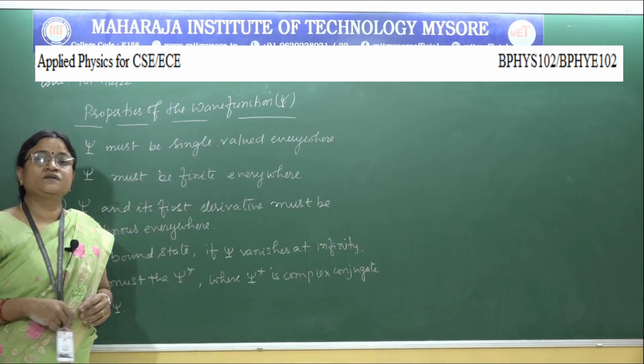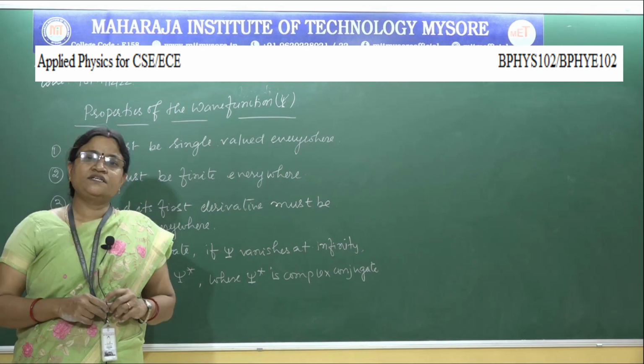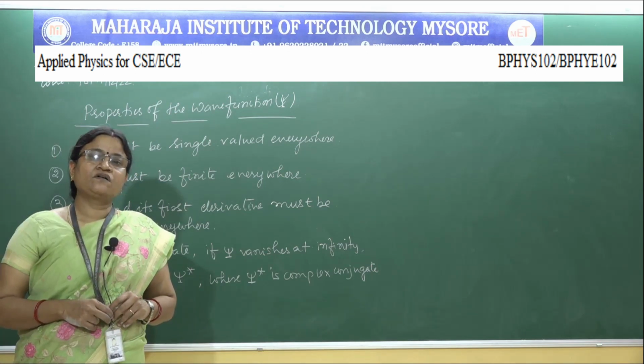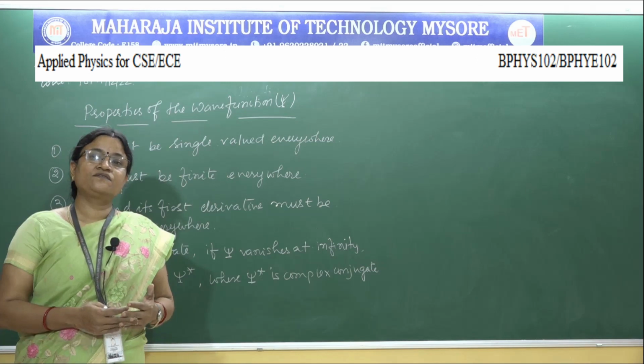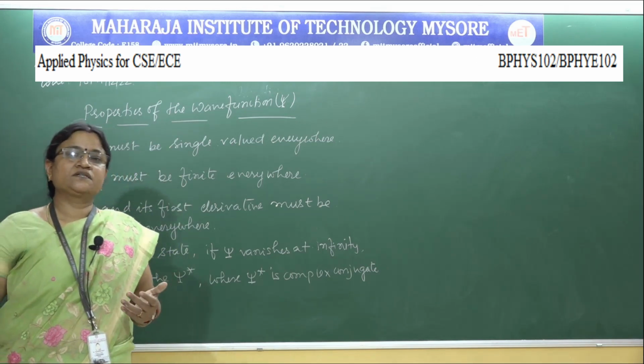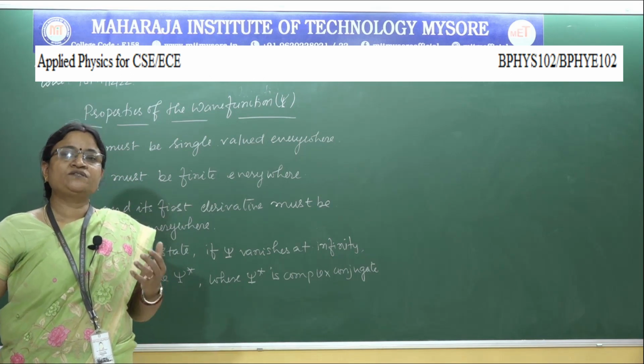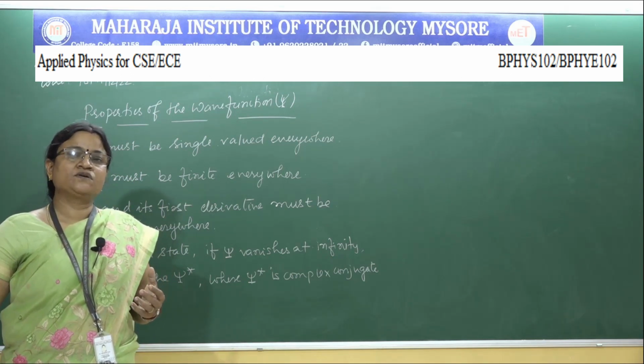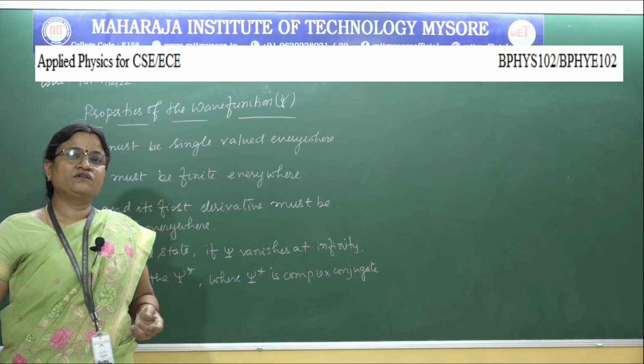Properties of the wave function. This wave function we actually solve using a second order differential equation. So there is not one single solution. Based on the properties of the system, we can discuss which answer is acceptable, just like a quadratic equation.